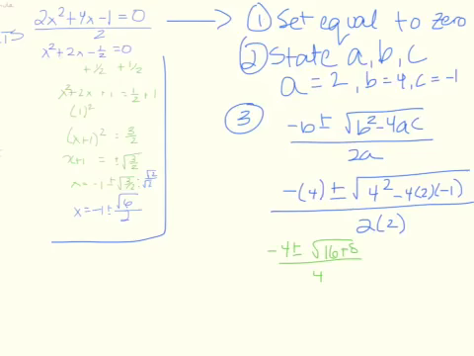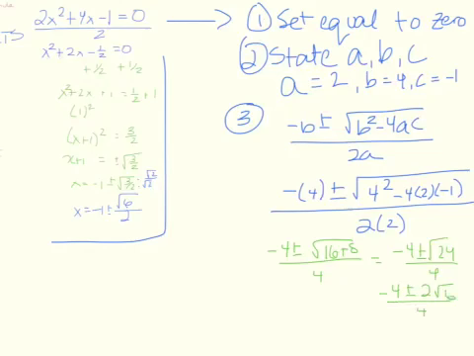That's what it should look like, a plus, not a minus. Thank you, Alex. And that would give you negative 4 plus or minus the square root of 24 over 4. The square root of 24 is 4 times 6. Square root of 4 is 2. So this would be negative 4 plus or minus 2 root 6 over 4.